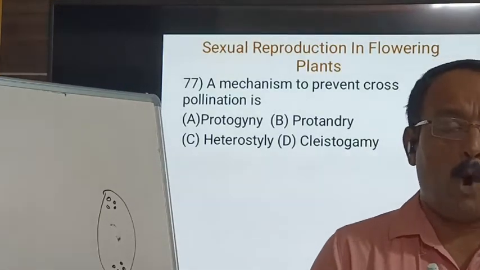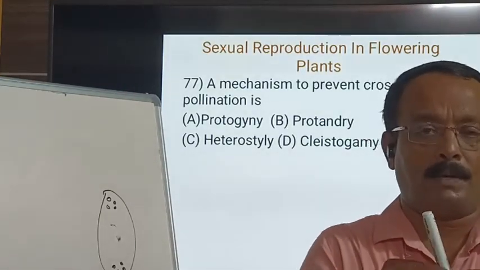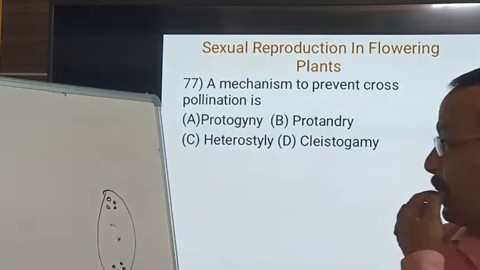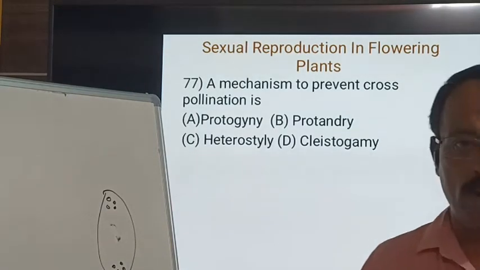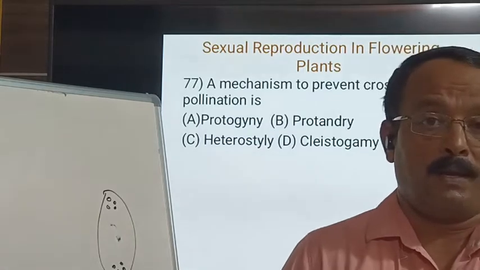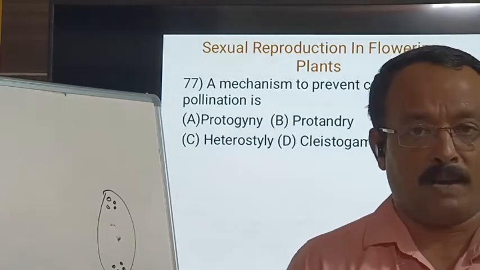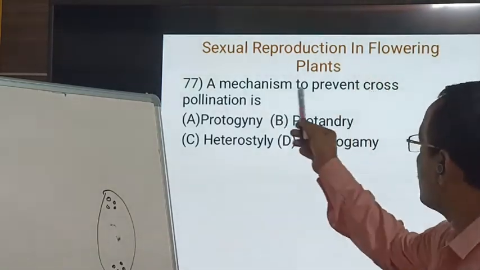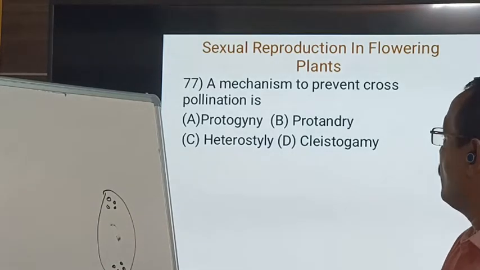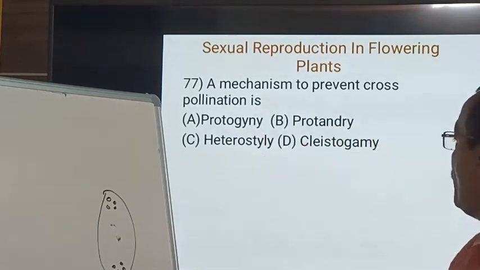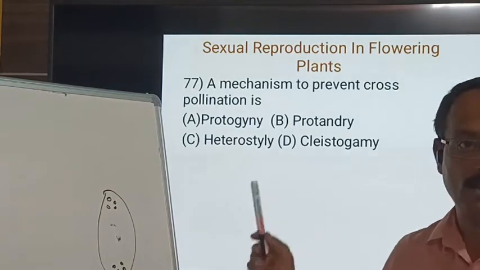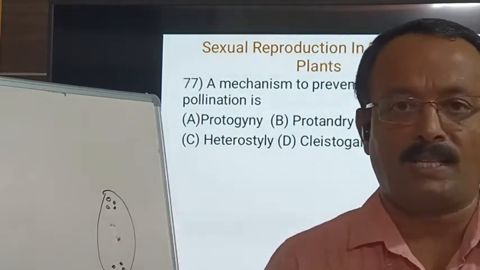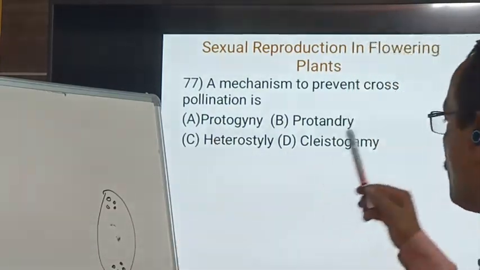Here, both stigma and stamen are kept far away from each other in different positions to avoid self-pollination. Cleistogamy, the condition you have already seen. These flowers never open until pollination is achieved. So here, the mechanism to prevent cross-pollination is cleistogamy. These flowers never open until the self-pollen grains pollinate the stigma. So the answer is cleistogamy.